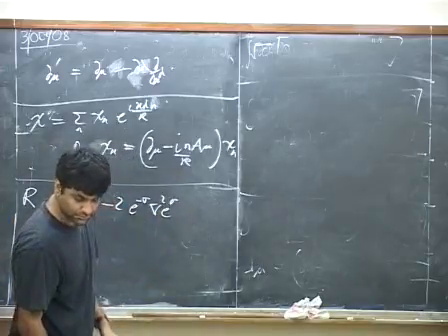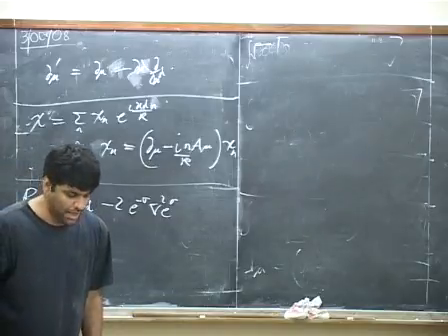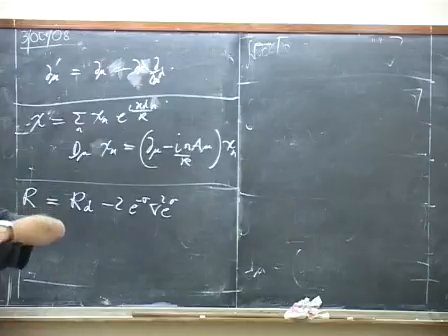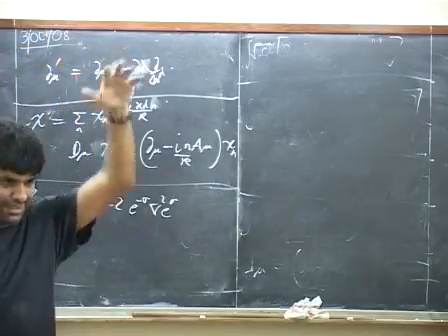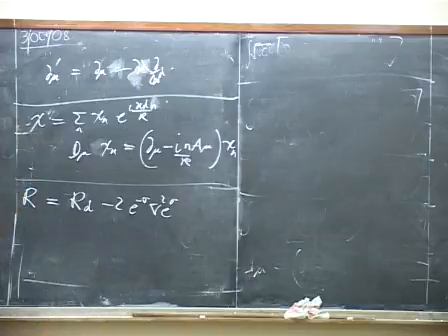Here big R is the Ricci scalar in the big theory in all dimensions, and R_D is the dimensionally reduced one, the Ricci scalar built out of little g.